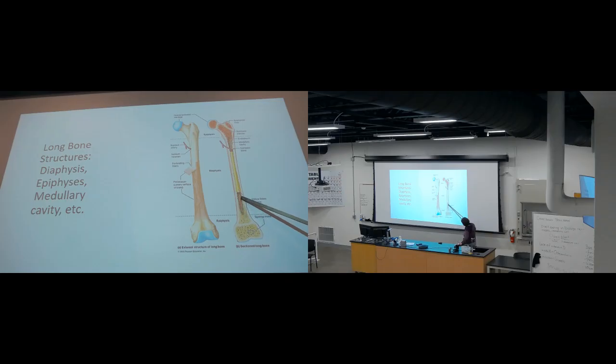And now, this covering internally in the medullary cavity is called the endosteum. And then in here, you have the distal epiphysis, and this line is the epiphyseal line.